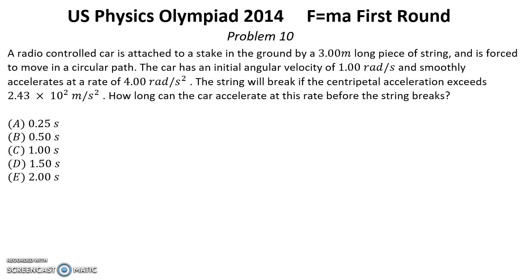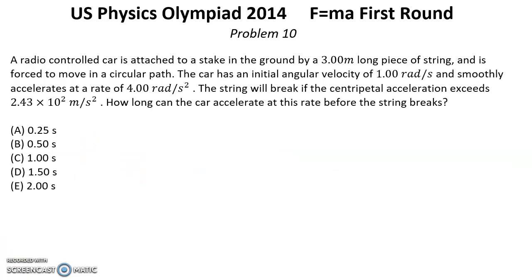Solution. First, we can find the maximum angular velocity we can reach, because maximum acceleration equals r times maximum angular velocity squared. This is how to find this maximum angular velocity. Next is the change of angular velocity.